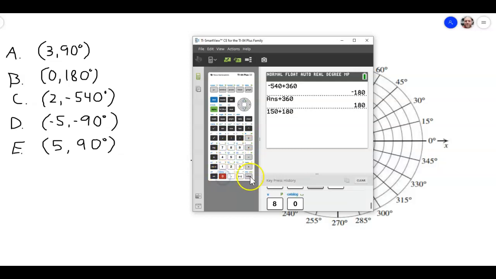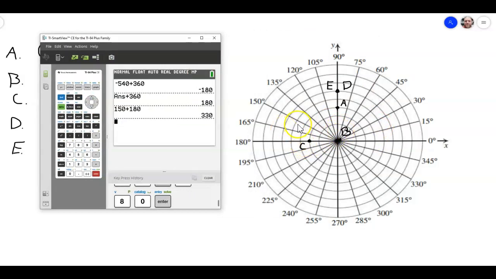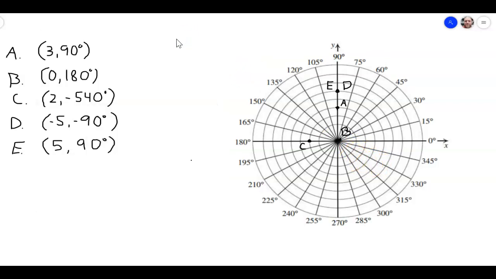Just because I go 180 degrees away. So that means that my radius was going in the direction of 330. So I would count that many units in the 330 direction. Right, that's what a negative radius means.